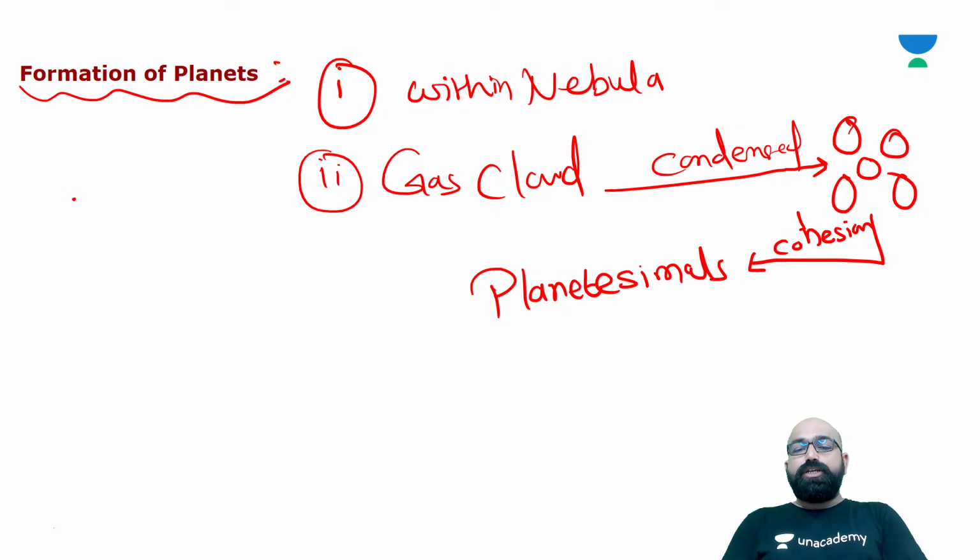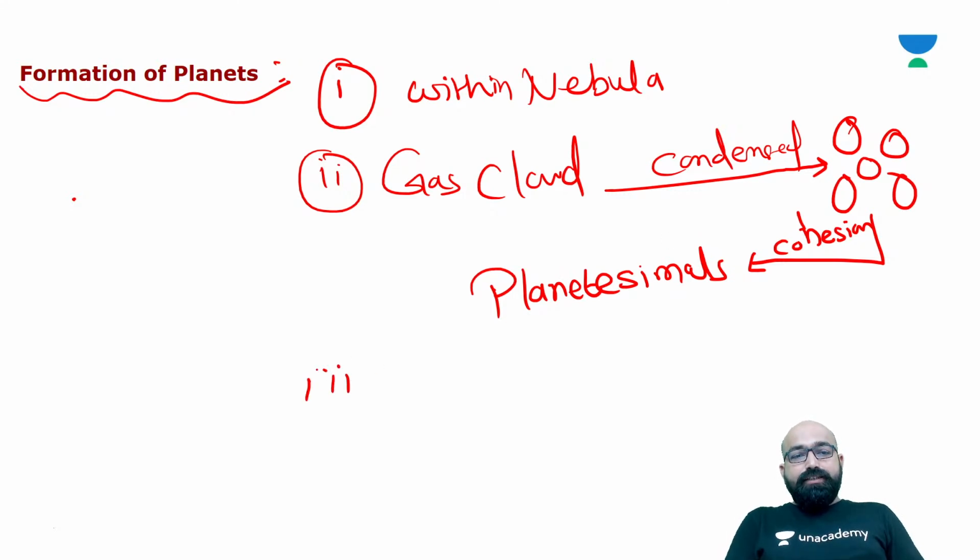Larger bodies start forming by collision, and gravitational attraction causes the material to stick together. Planetesimals are a large number of small bodies.